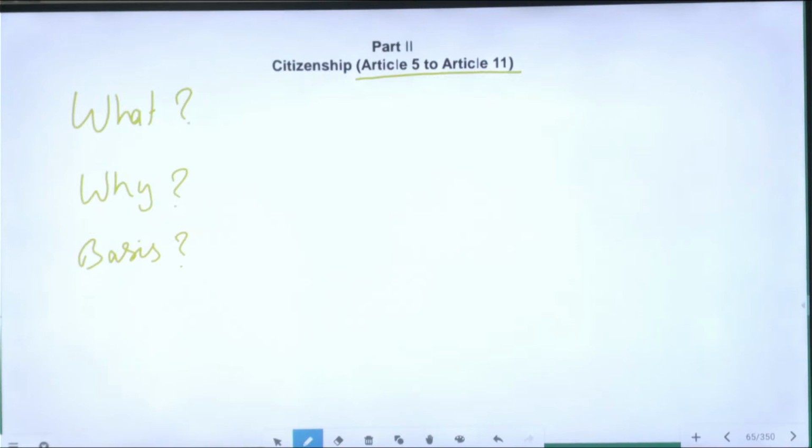So what is citizenship? You people speak, my voice reaches your ears, but it is an identity of what? Of the president of a country?